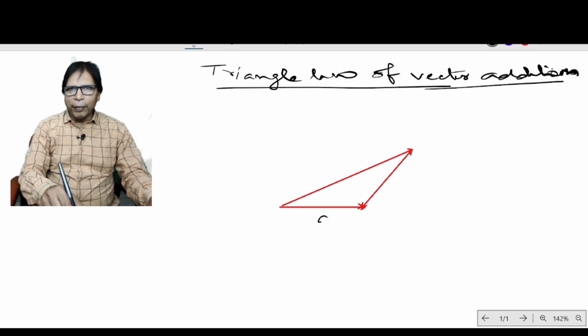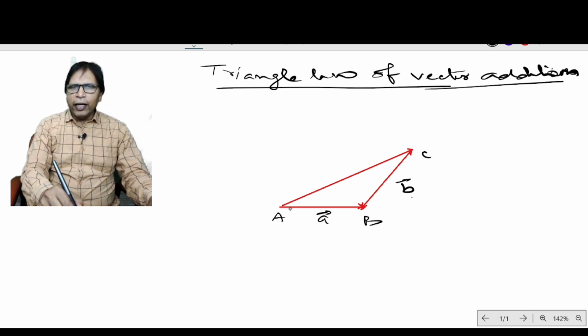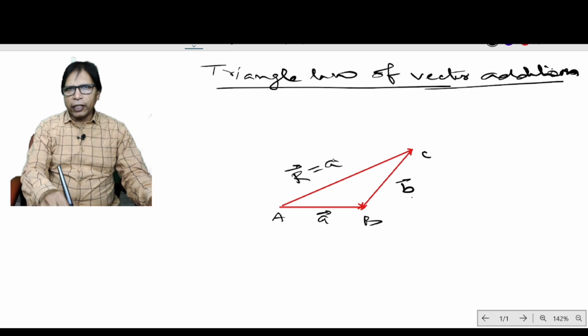This is the A vector directed along the side AB, and this is the B vector directed along the side BC. So the resultant of A vector and B vector is represented by the side AC directed from A to C. So look at this. This is the resultant vector, R vector equals A vector plus B vector.